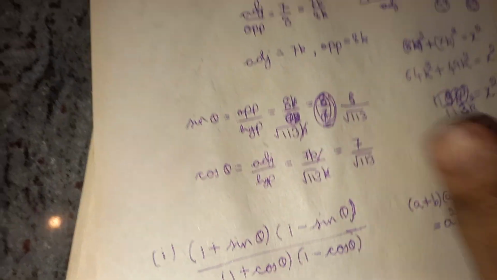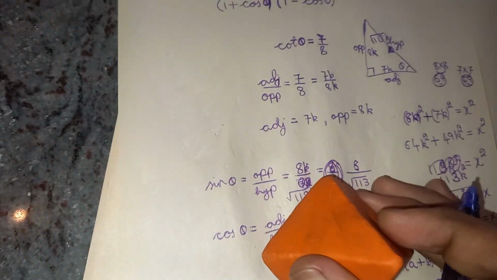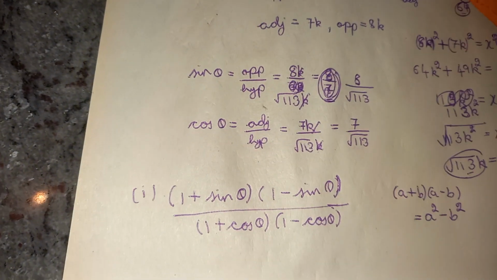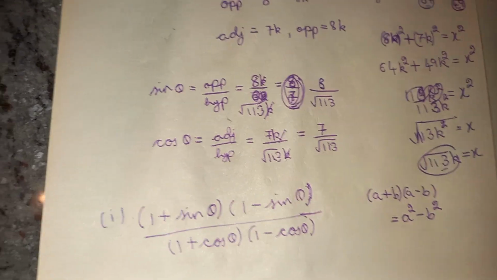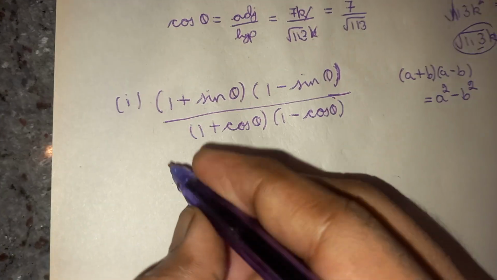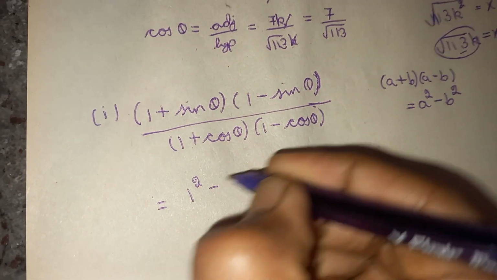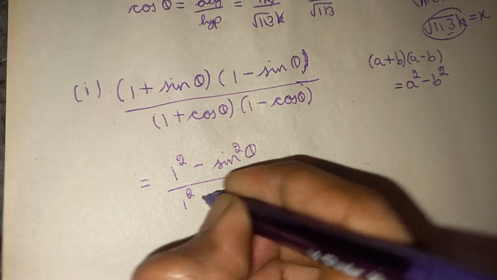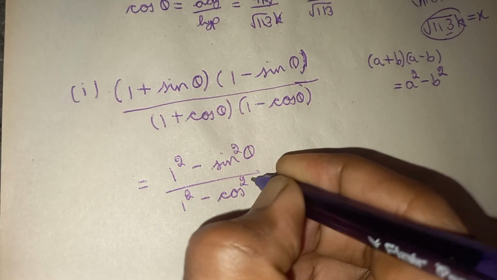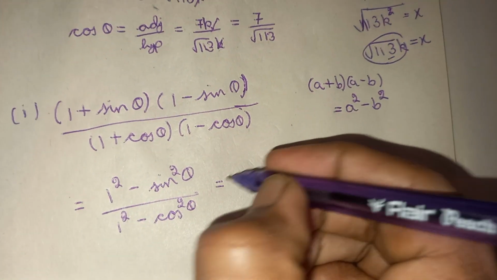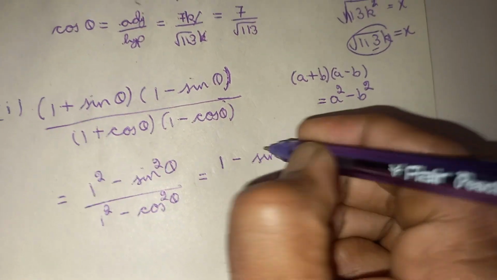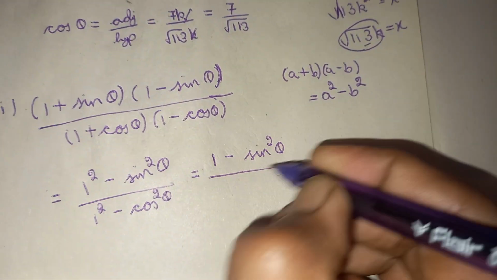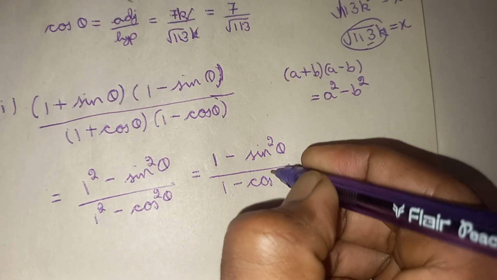So this completely equals 1 square minus sine square theta divided by 1 square minus cos square theta. Here 1 square is 1, so 1 minus sine square theta divided by 1 minus cos square theta.